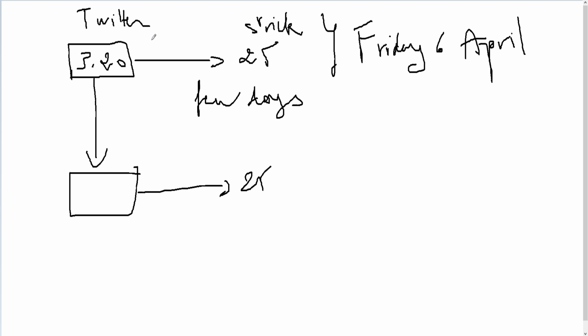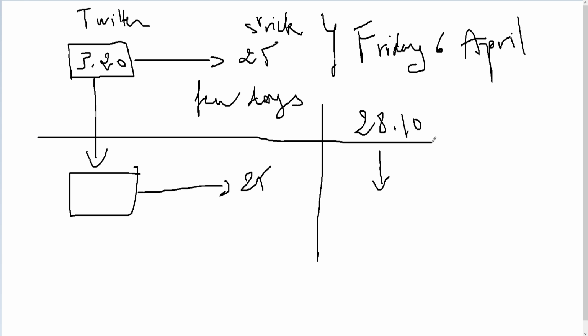Let's say the stock goes up, how much it moves here from 320 up, or if it goes down, how much it goes down, and then compare it with the price of $28.10, and compare it with a few days after. Okay, so all this is on Friday.